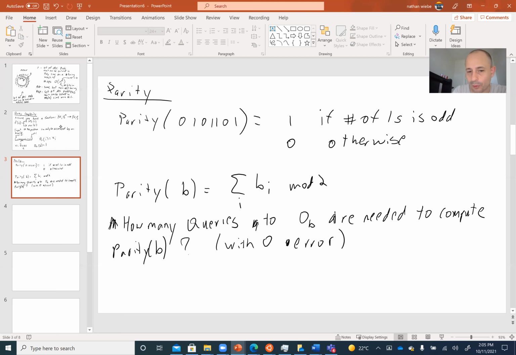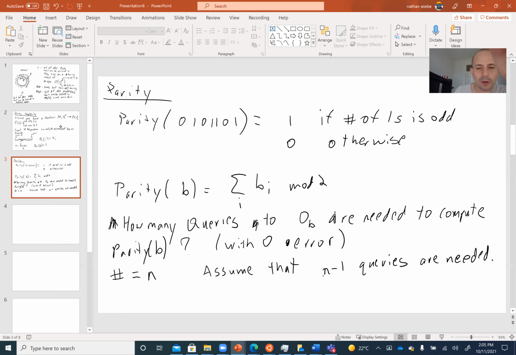The way that we can prove that the number actually is equal to n queries is by contradiction. So assume that n minus 1 queries are needed.